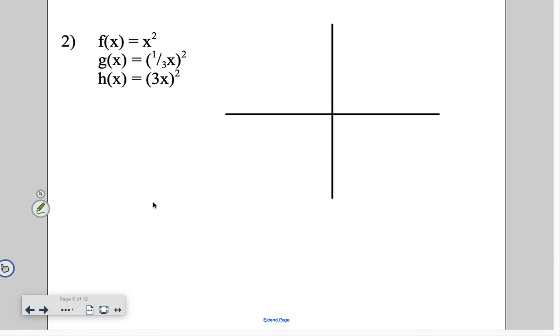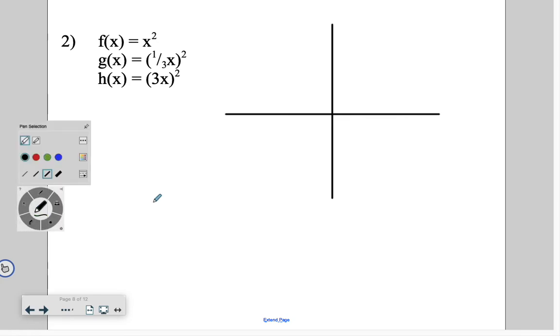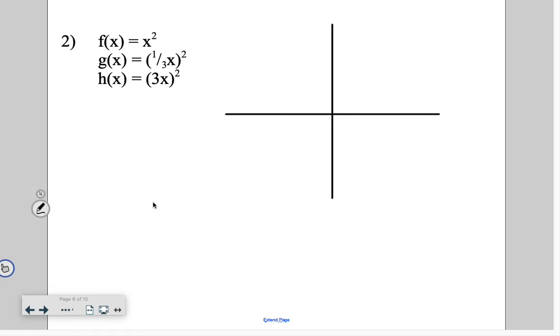For example, let's take a look at number 2. Again, we're starting with the same parent function, y equals x squared. We're working with a parabola.